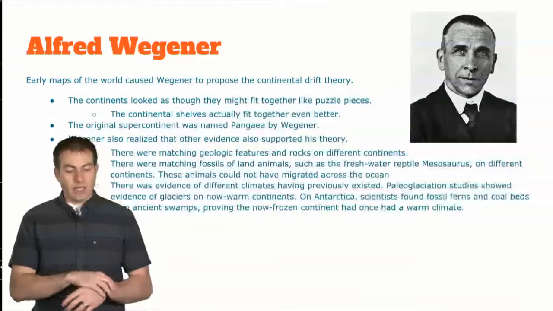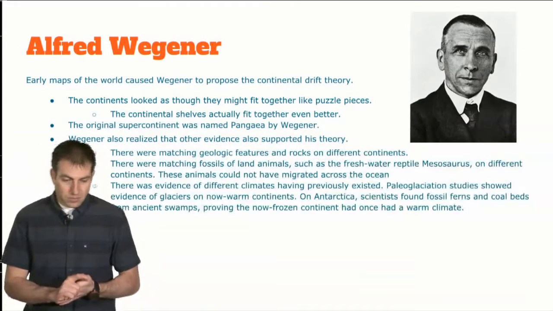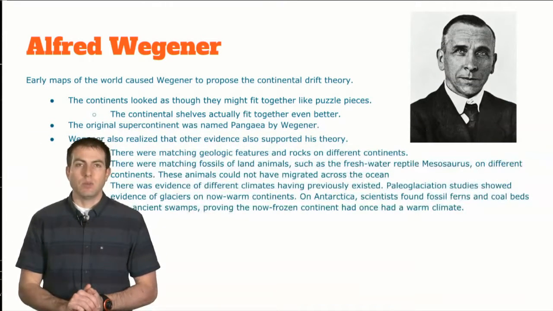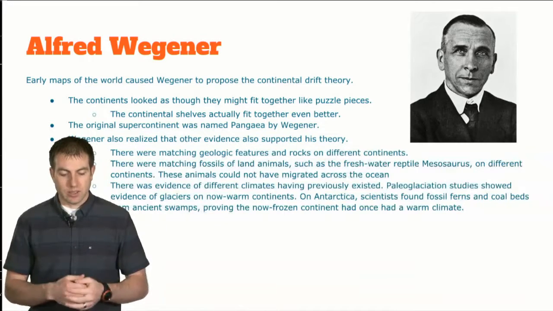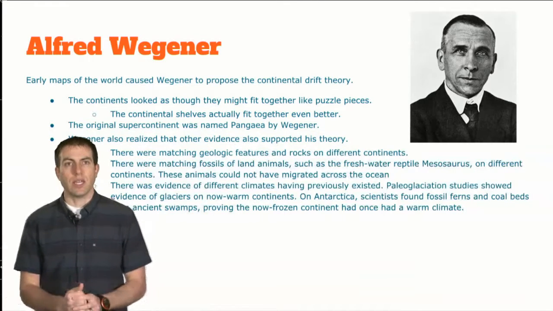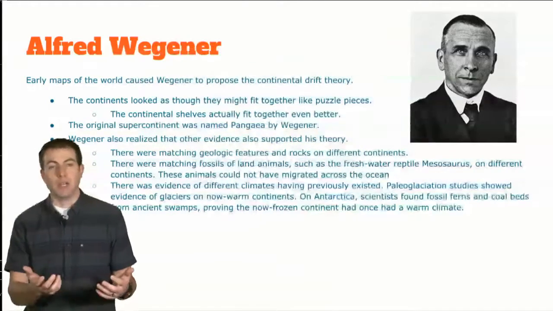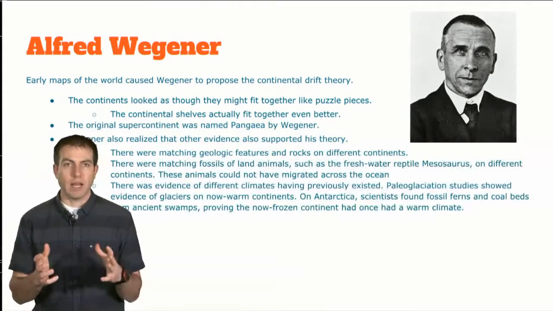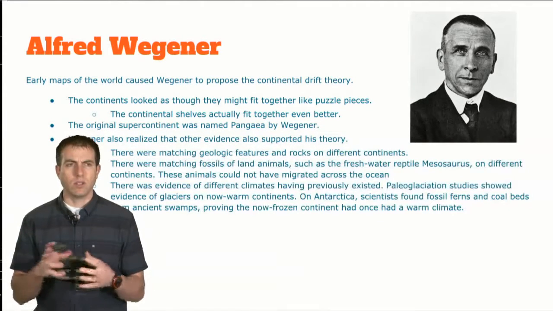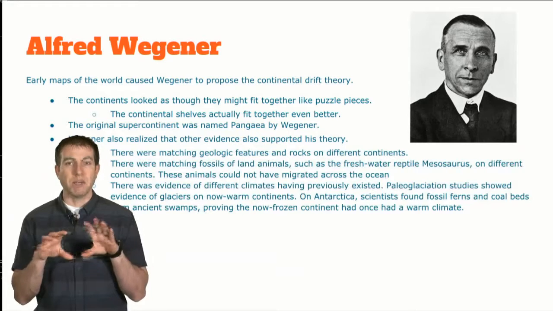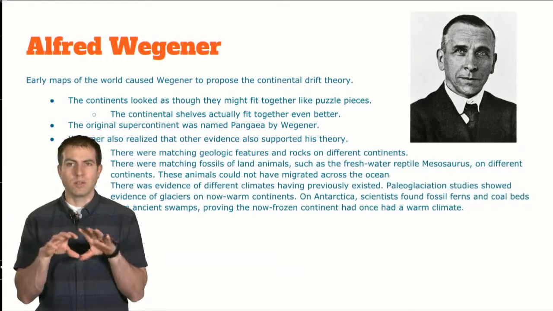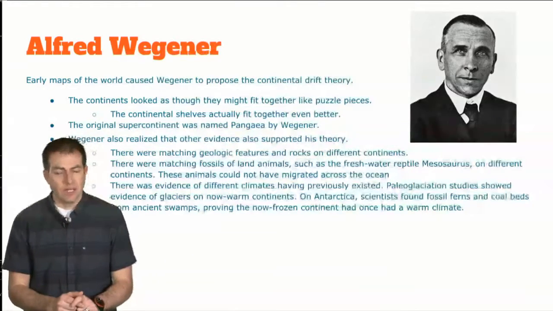So there's this guy, his name was Alfred Wegener, and he was a scientist about 100 or so years ago, and he came up with a theory. He was looking at some maps of the world, and he said, well, those continents kind of look like puzzle pieces. I wonder if once upon a time they fit together.